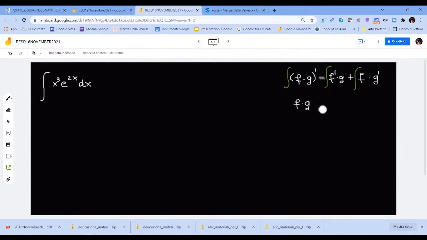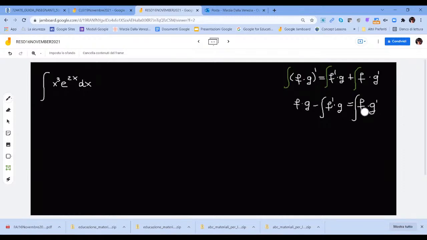Then you can put on the left hand side the integral of f prime times g, and this is a computation in order to obtain some integral that you have in this form.